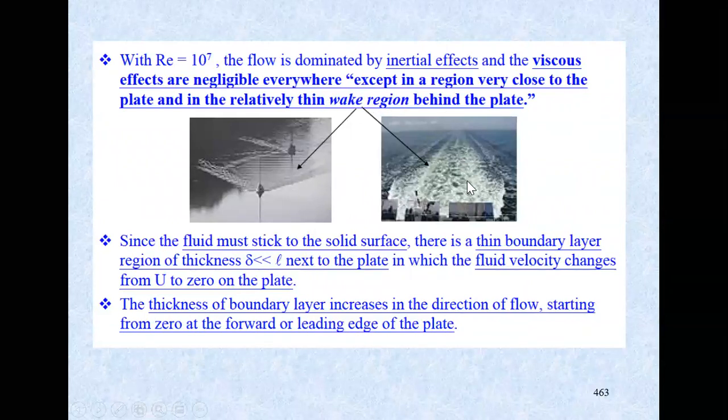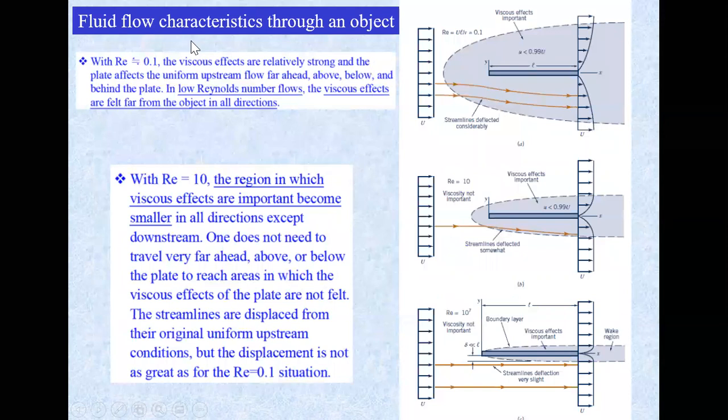So over here, the viscous effect is only important in a very small area near the plate and also the wake region over here. Then you have to consider the viscous effect. On the other regions, all of them are inertial force.